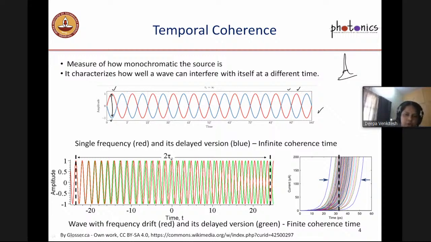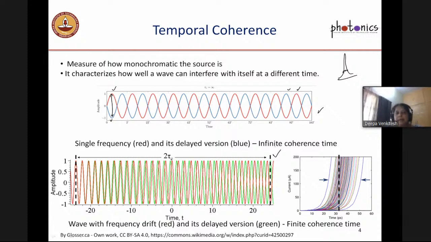Now, what is shown here at the bottom is an example where the coherence time is not infinite. This has a finite coherence time. Okay? So you see a red wave, and you also see a delayed version of the same wave. And what it shows is that at the beginning of the delay, the amplitudes of the waves are matching.